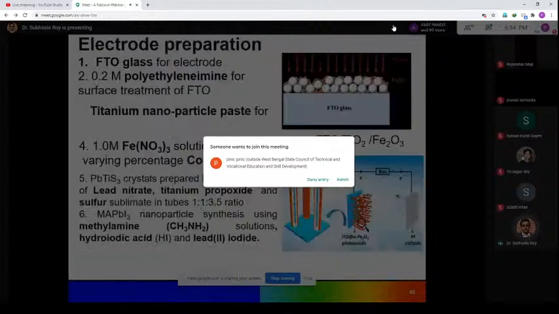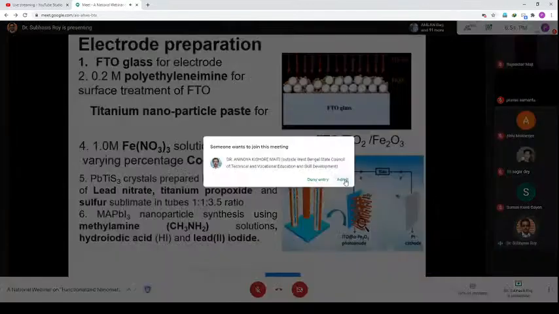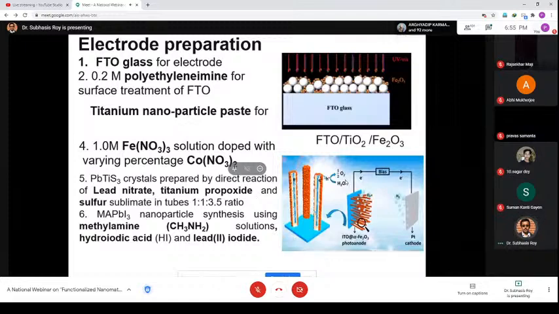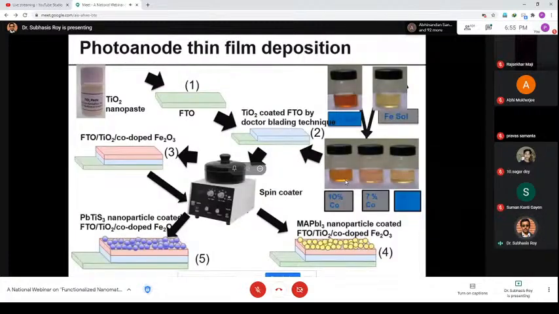So this is the electrode preparation process, where on the FTO glasses we do thin film preparation, where polyethylene amine is deposited by spin coating techniques, and then it is dried to make a solid thin film. In this process, a stable sol is prepared first, and then this nano paste is coated on the FTO surface uniformly by doctor blading.